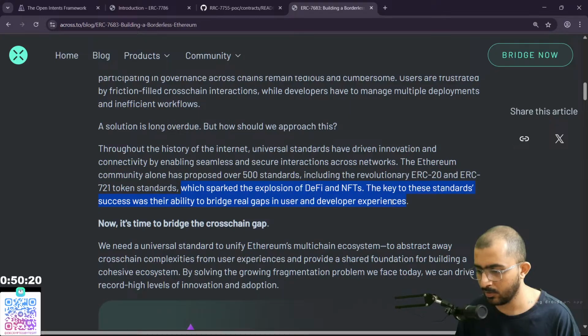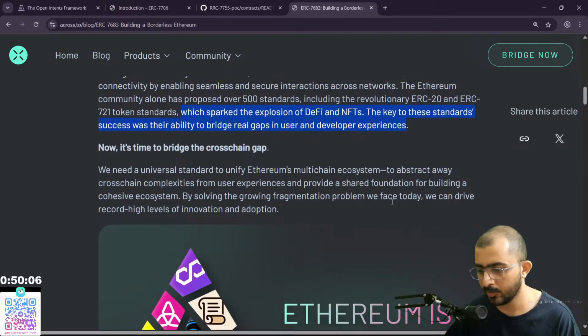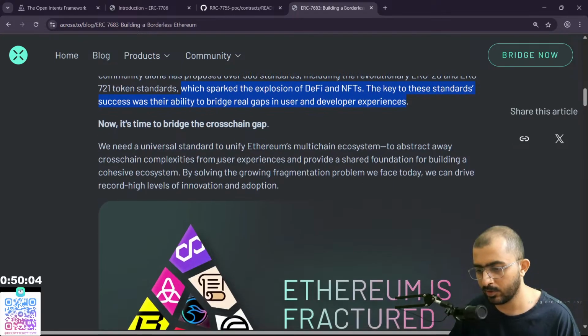Which sparked the explosion of DeFi and NFTs. Yeah, we know that the key to these standards' success was their ability to bridge a real gap in user and developer experiences. Okay, now it's time to bridge the cross-chain gap.